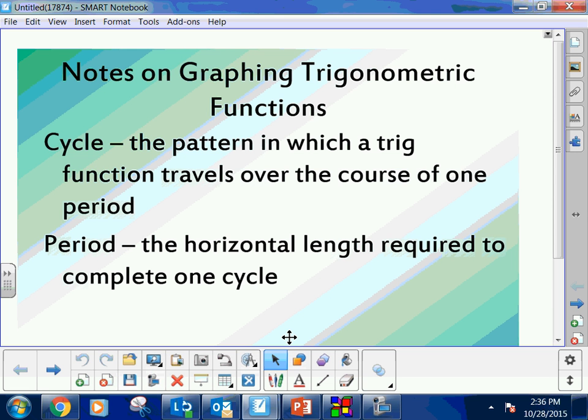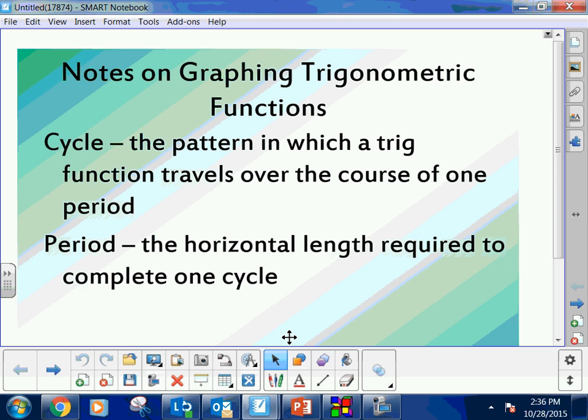We can move them up, move them down, stretch them, move them left or right, affect their vertical amplitude, like the vertical stretch, and also affect their horizontal. That's the reason why we have to define periods now, because if I start messing around with their horizontal stretching and making them smaller, I won't need that much space because I just shrunk it, I compressed it.